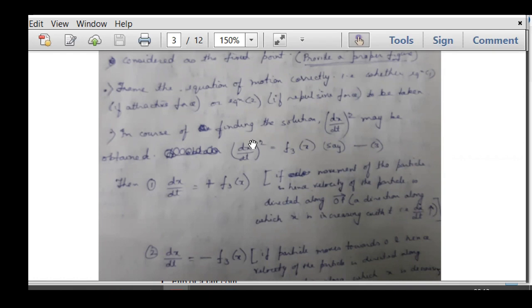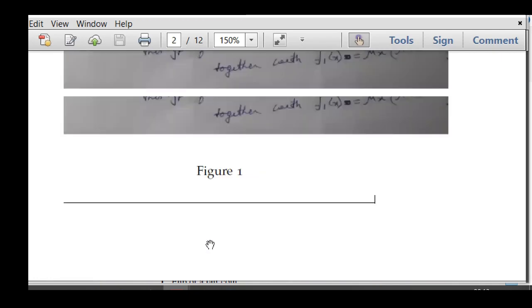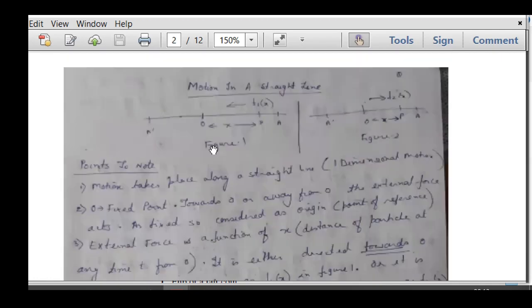So (dx/dt)² equal to f3(x) whole square. Now if I want to find dx/dt, we know it can be plus or it can be minus. Which sign we have to take depends on the problem given. Again, how we decide whether to take the plus or the minus, we have to consider the reference frame we have given here.